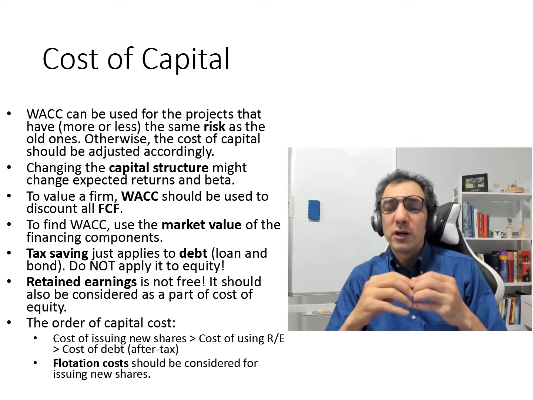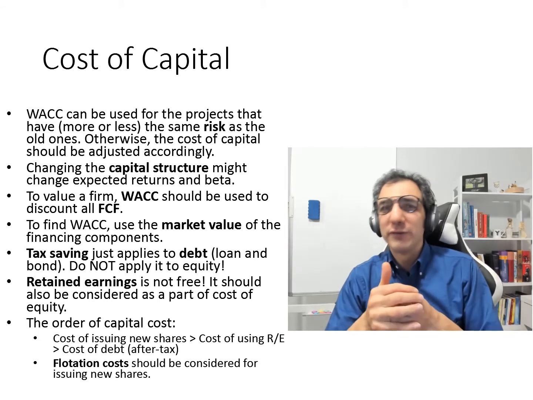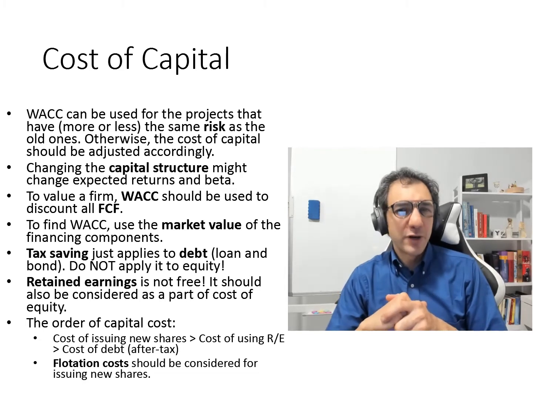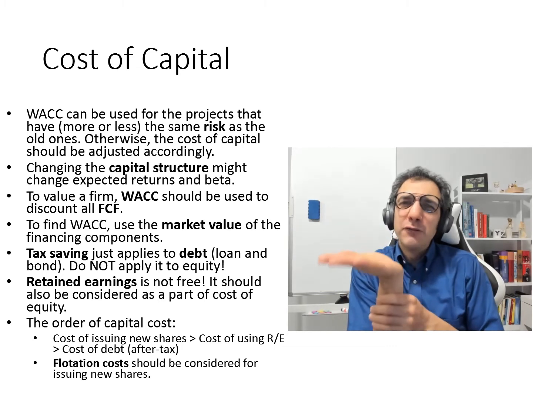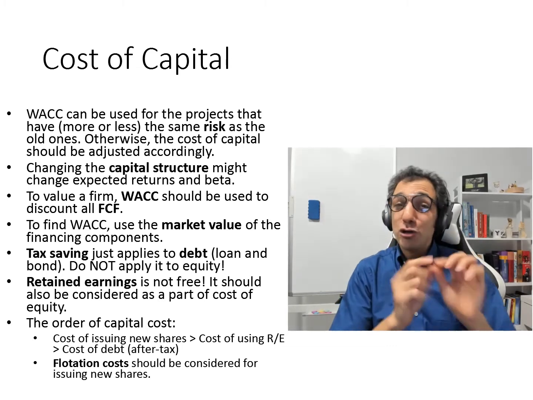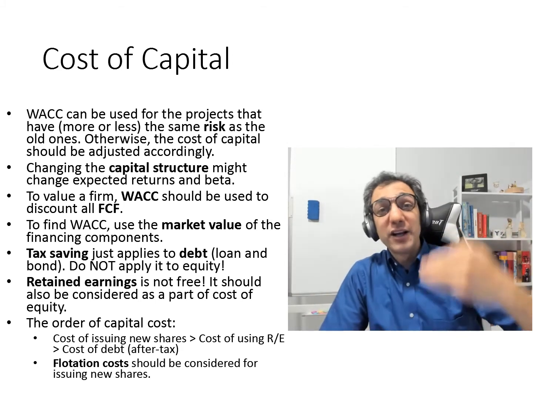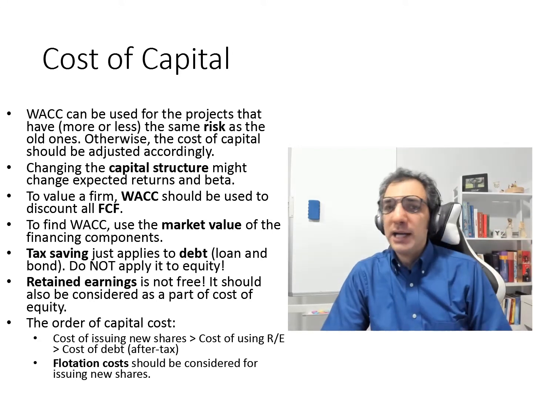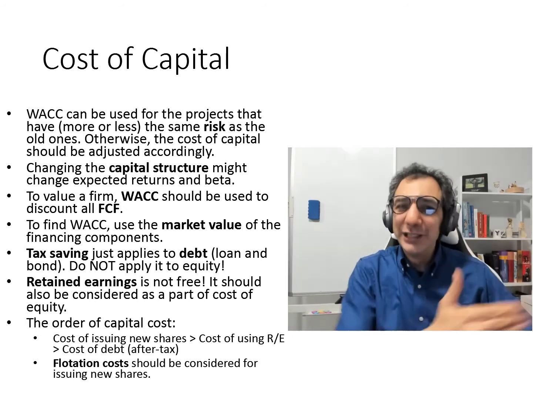Those costs are called flotation costs, which are usually expressed as a percentage of the financing. So maybe 5%, 6% of the total financing from equity should be allocated to flotation costs, so just 94, 95% is left for the company. However, if the companies are using retained earnings, there is no flotation cost. In other words, the cost of equity using retained earnings is a little bit cheaper than the cost of equity which comes from selling additional shares.